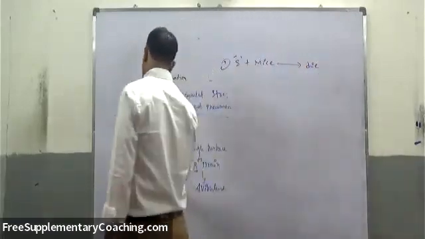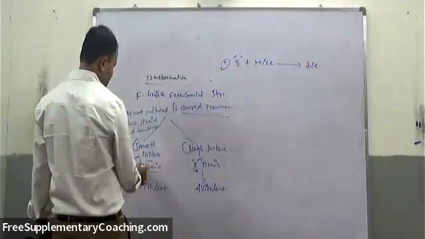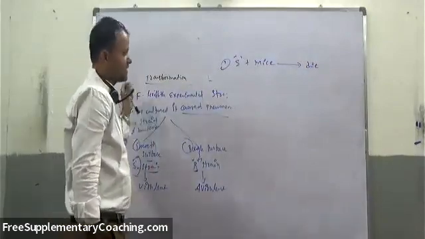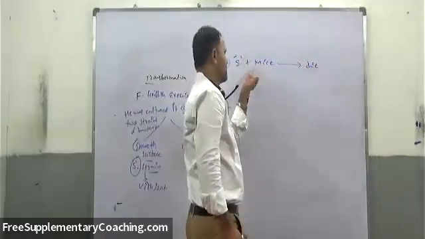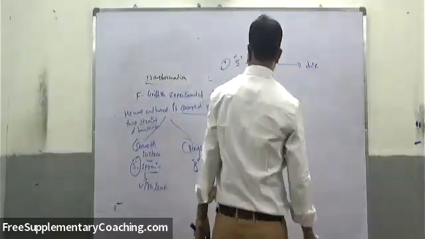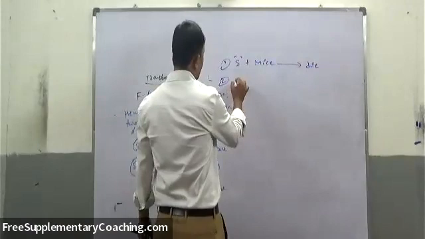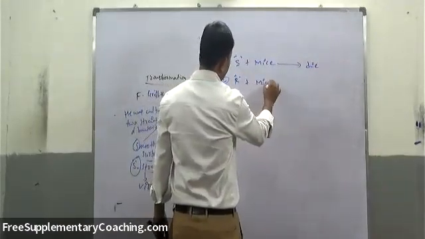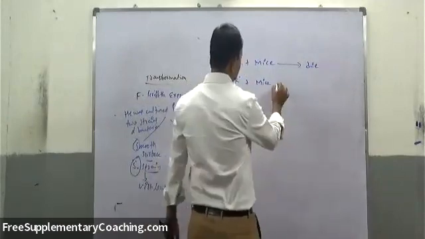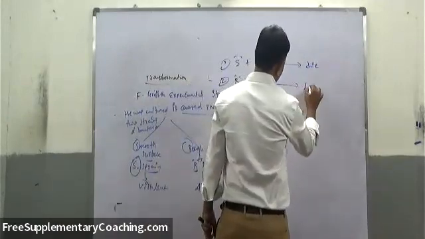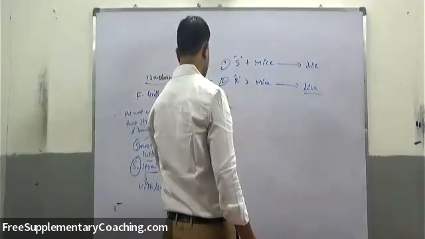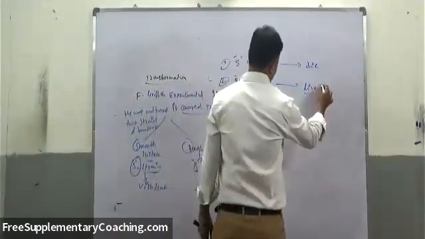Because the S strain, the smooth surface, is virulent. This virulent bacteria injected into the mice causes the disease, so the mice will die. Then in the second step, R strain is injected into the mice. That mice is alive, because the R strain is avirulent and does not cause the disease.